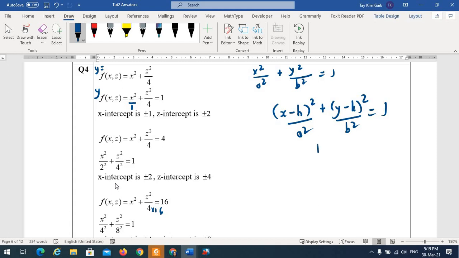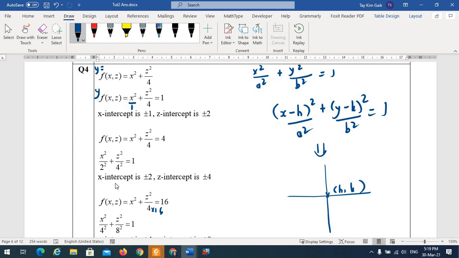And if this one is general, let's say this point is the h and k center. If you have x minus h squared, so the center of the ellipse is x equal h, y equal k.